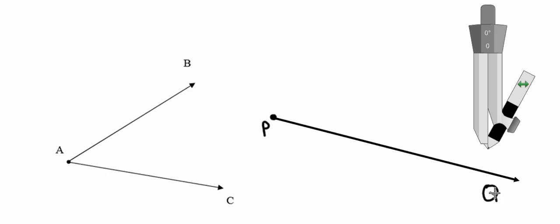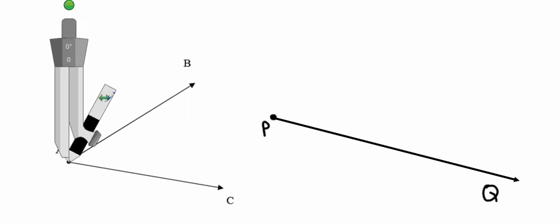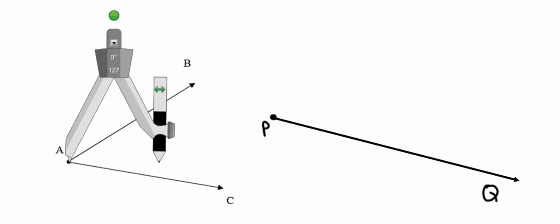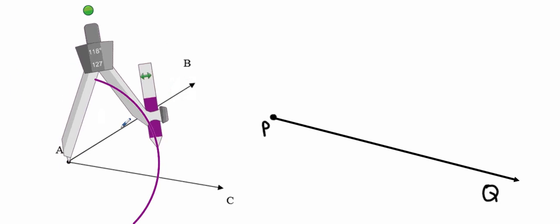Number 3 says using any convenient compass setting, place the point of your compass on point A and draw an arc that intersects side AB at J and side AC at K. So in other words, we're going to take our compass, put the point of our compass at point A, stretch our compass out a little bit, and make a nice arc that intersects both sides of the given angle.